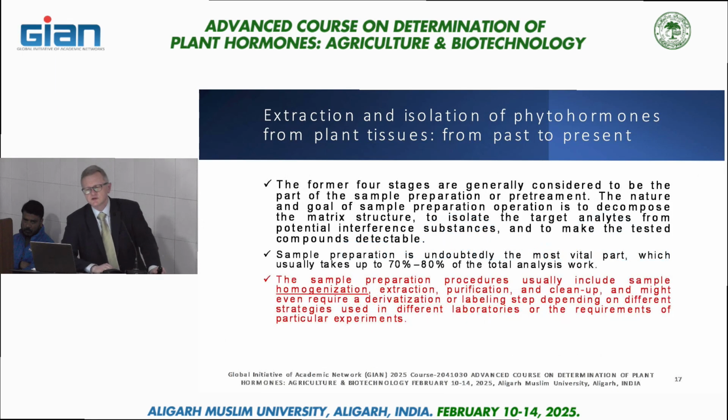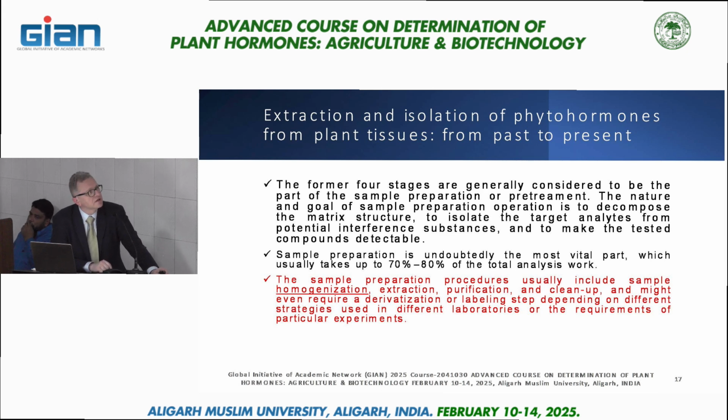Proper sample preparation typically accounts for 70–80% of total analysis time. It's important. Why? Highlighting its significance in ensuring reproducible results. Key steps include homogenization, extraction, purification, and sometimes derivatization, depending on the hormone type and the analytical method used.